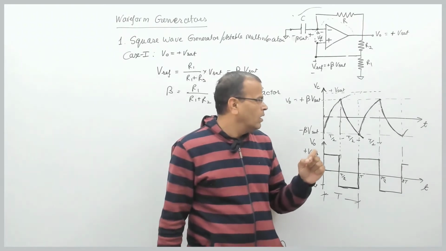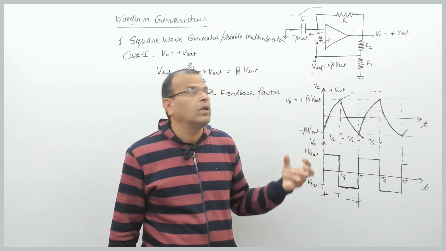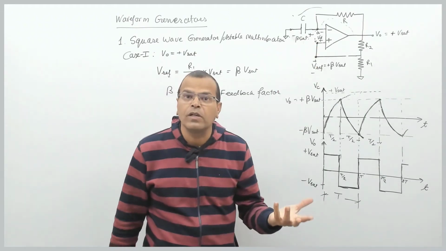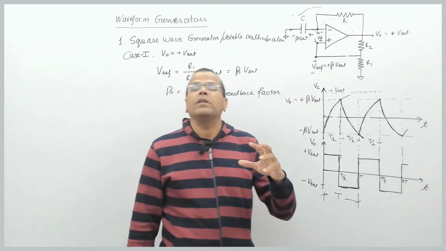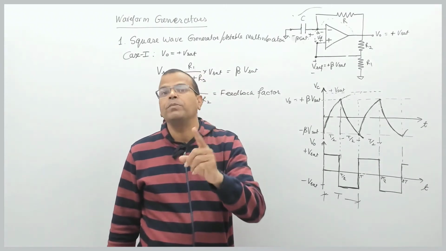So this circuit is a free running oscillator. Sometimes there is a question, what is this circuit? This is a free running oscillator, right? Sometimes they give you the circuit and they ask the name simply in objective type ESE prelims exam, right?